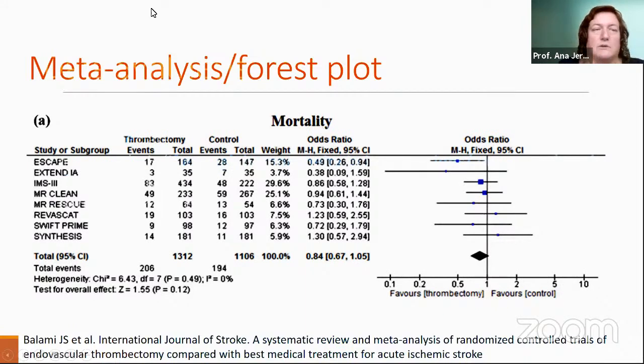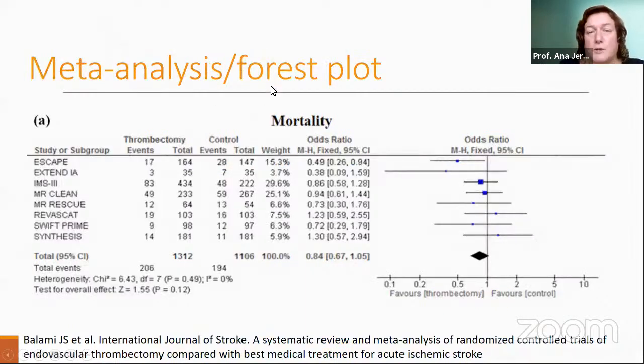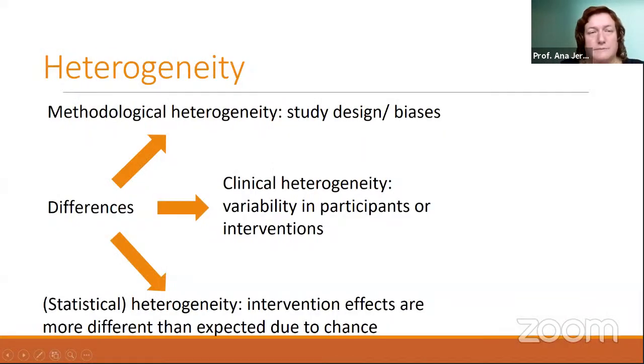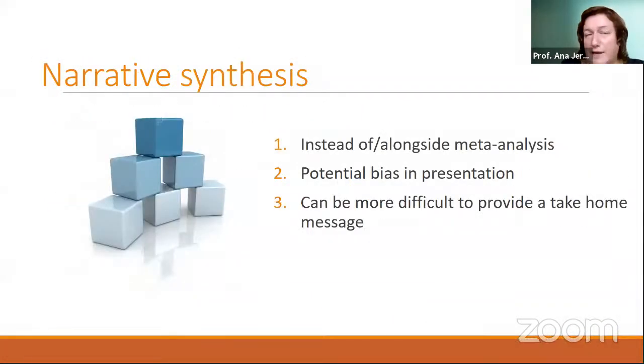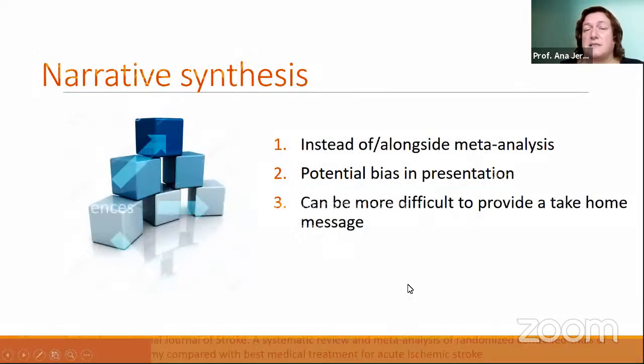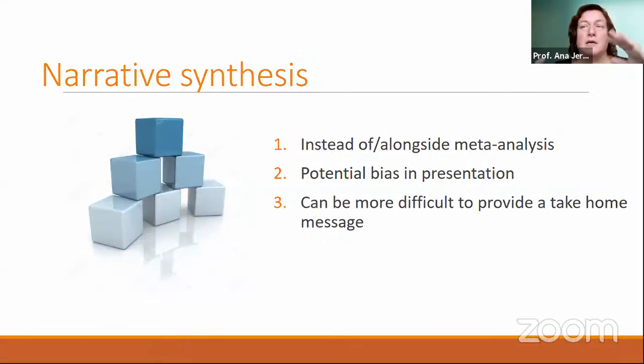In addition to meta-analysis and forest plots, this is actually a forest plot representation, we can have narrative synthesis, which describes different studies. But the problem with narrative synthesis is that there is potential bias in presentation. You can present things differently.